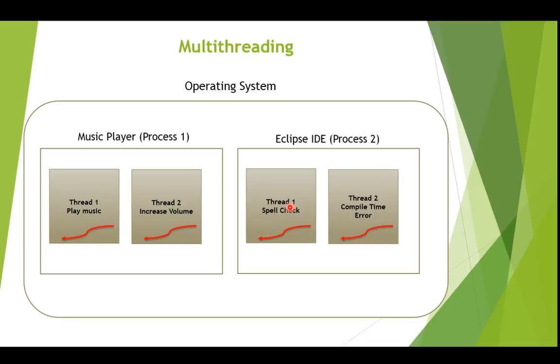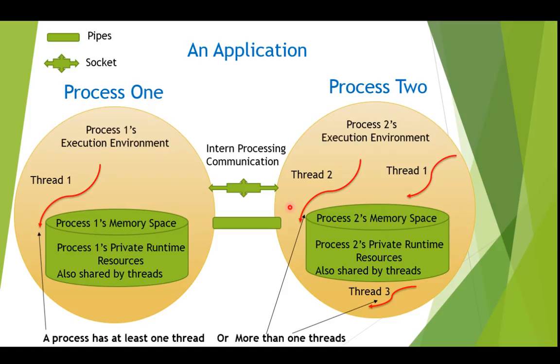So the difference is, we'll see what a process is exactly about. Here you can see that an application can have process one or process two, and a process must have at least one thread. The difference is that a process requires much more memory space as compared to a thread. Process 1 has its own memory space, which stores the resources of process 1.